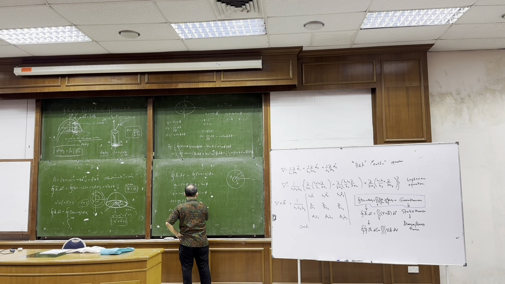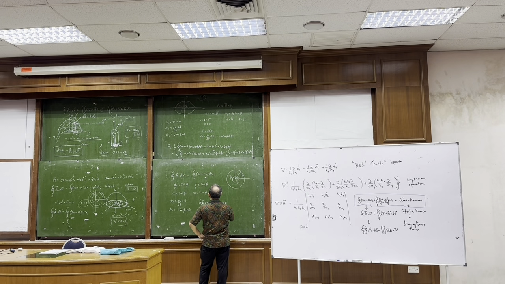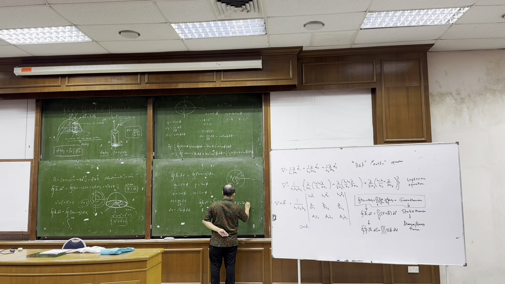A dot dr is equal to 2 times cos phi, minus y, y is sine phi, multiplied with negative sine phi d phi.